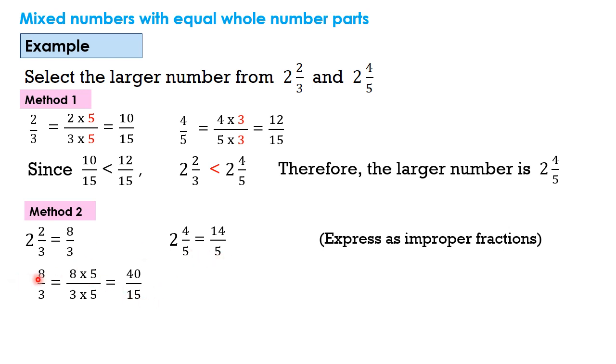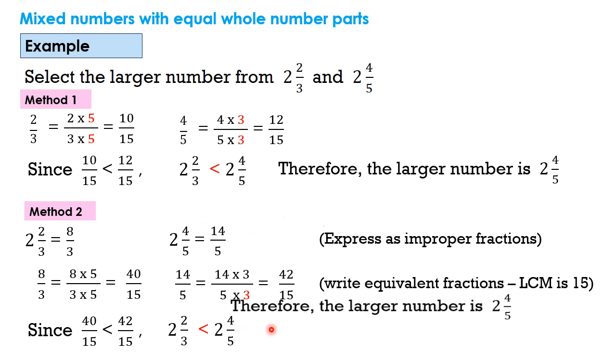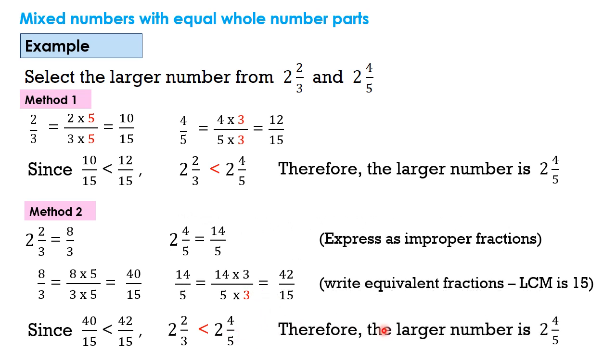So 8/3 converts into 40/15. Once again, 14/5 written as an equivalent fraction is 42/15. So 40/15, here 42/15. Since 40/15 is less than 42/15, the first one is smaller than the second one. Therefore, the larger number is 2 and 4/5.